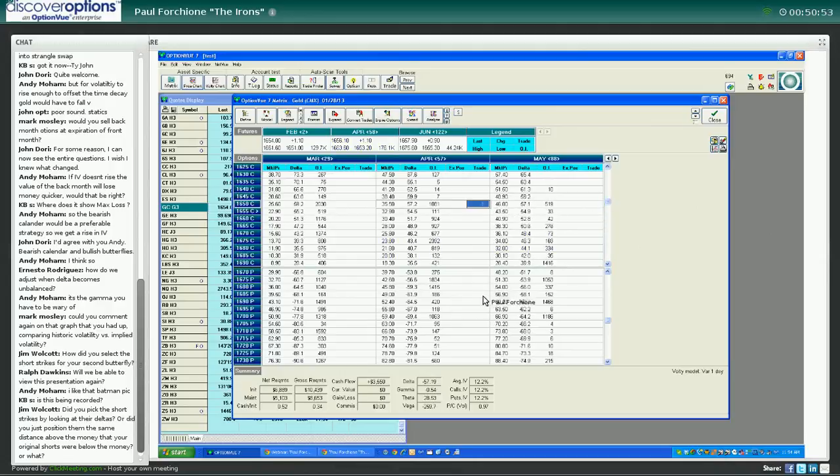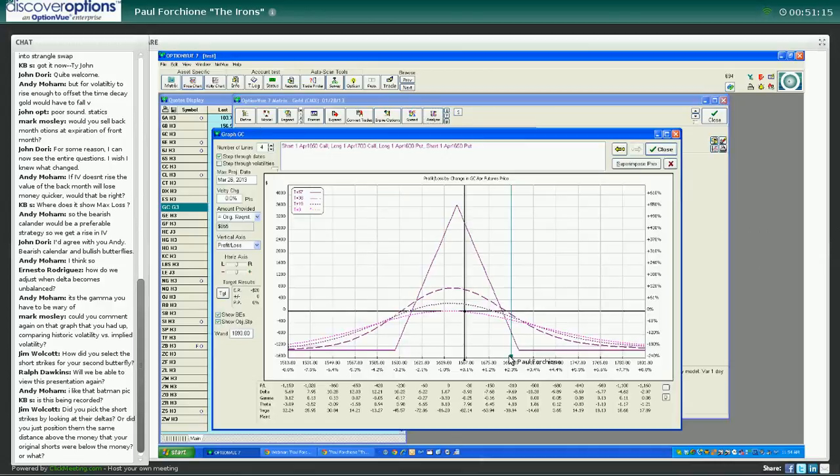Our original position was short the 1650 put and call, which is essentially at the money, close to being at the money, and we had our insurance 50 points away at, say, the 1700 level and the 1600 level. So that was our original neutral butterfly, and now we're assuming the market runs up close to the 1700 level, 1693.